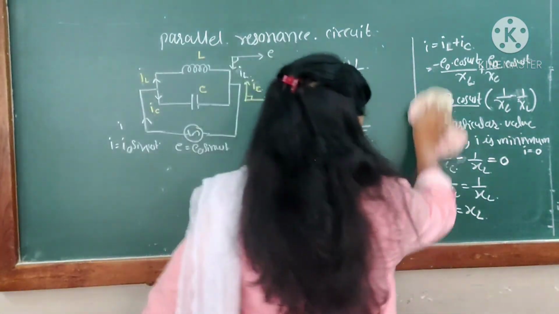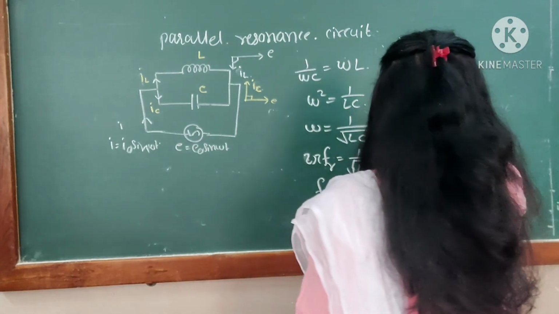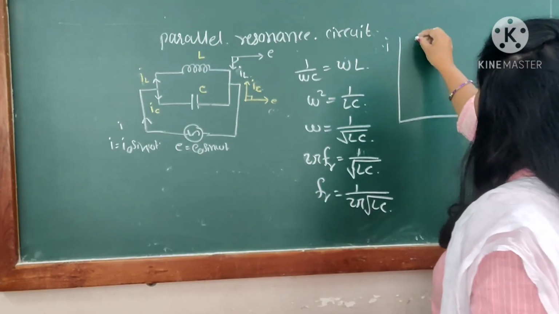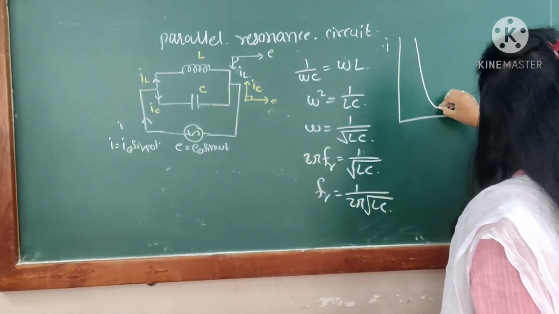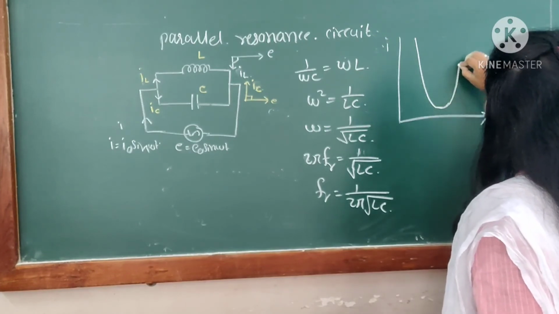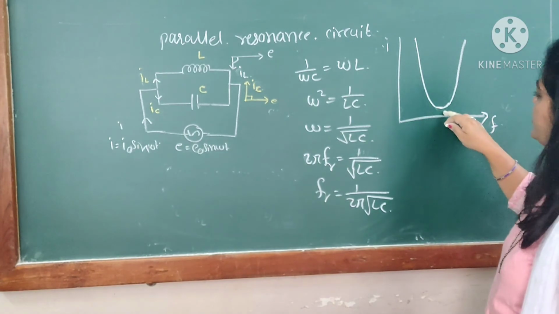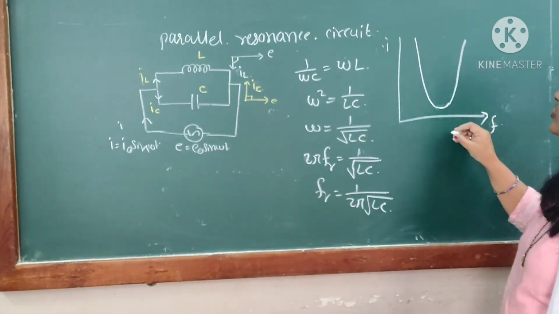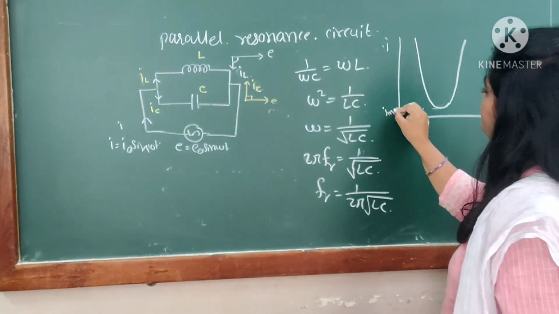Now we draw the graph. This is the graph of current versus frequency, and here the current goes on decreasing, again going toward the zero value. In an ideal situation I becomes 0, but practically that is not possible; I becomes minimum.